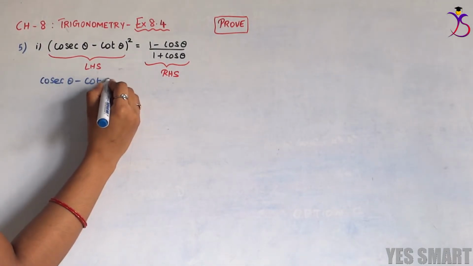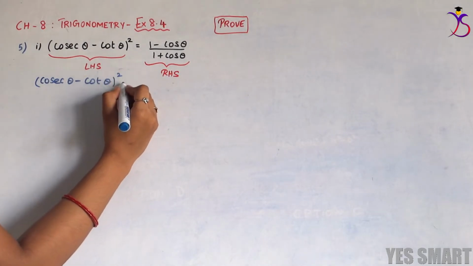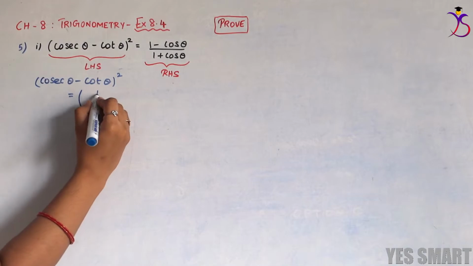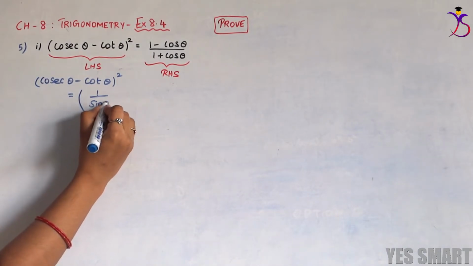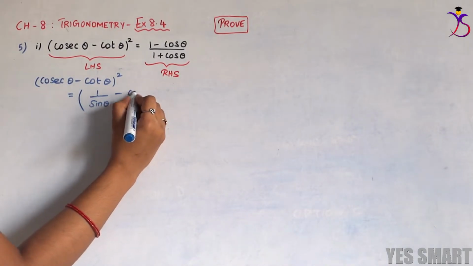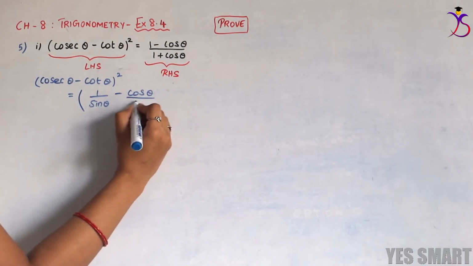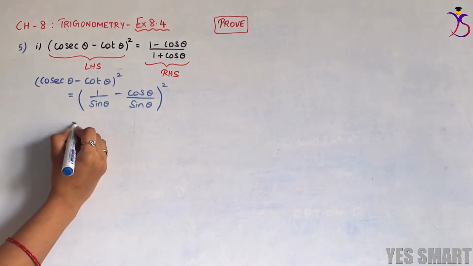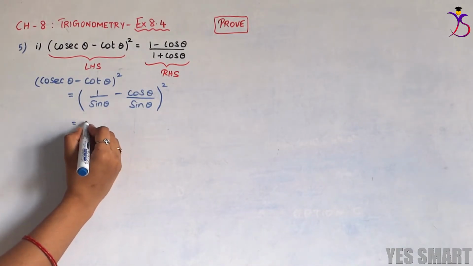So taking the LHS, (cosec theta minus cot theta) the whole square. This is equal to, I can write cosec theta as 1 by sin theta, minus cot theta can be written as cos theta by sin theta, the whole square.